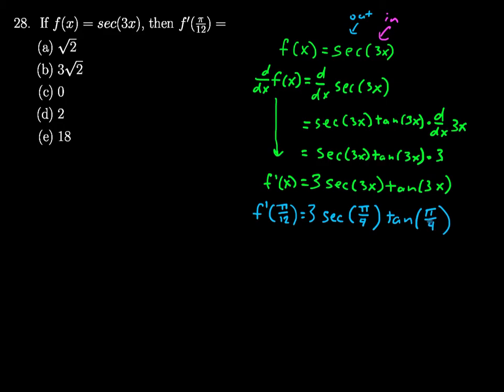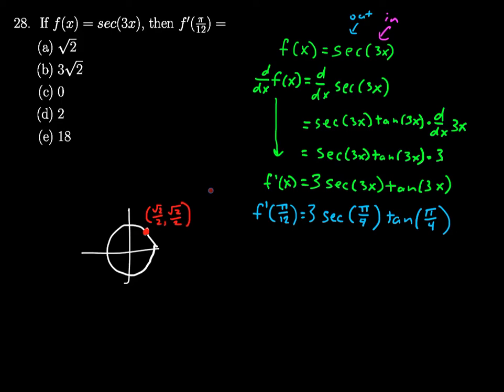We all have our unit circles memorized, but just for those that might not have it memorized yet, we have our little unit circle. While it's a lovely circle, pi over 4 we know is right here. Let me go to red. And I know that this is at the point root 2 over 2, root 2 over 2.